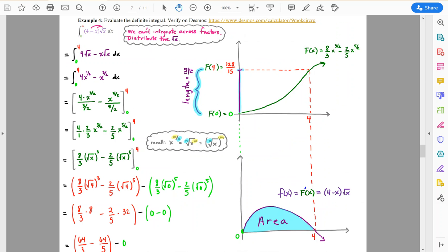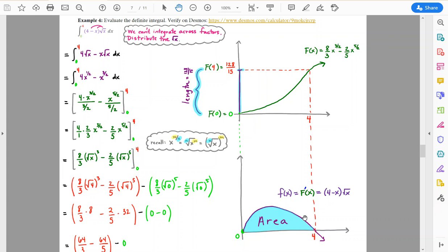All right, and just looking at a nice picture that I drew from a previous semester. Sometimes looking at both the graphs on Desmos can be a little overwhelming. So here is our purple function, 4 minus x times the square root of x. We're looking to find the area under that function as x goes from 0 to 4.